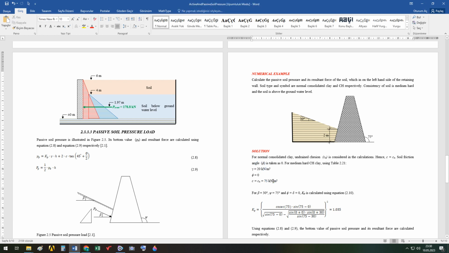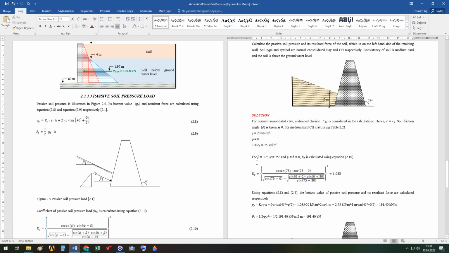As you see, the surface slope of soil is 30 degrees given in the question. And in the question also, this angle is also given. And friction angle is 0. This can be taken conservatively as 0.